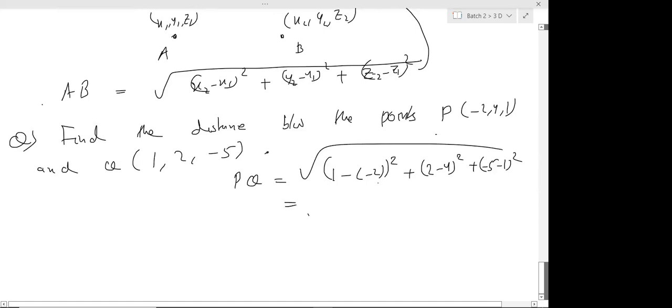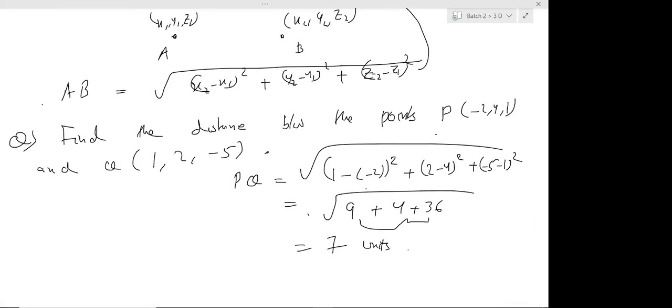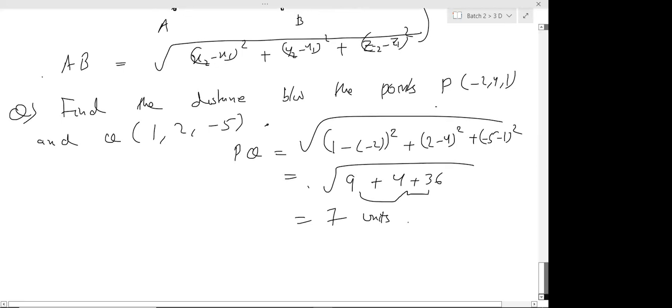So this is 3 square, that is 9, plus 2 square is 4, plus 6 square is 36. So 36 plus 4 is 40, plus 9 is 49, and the root of it is 7 units. All right, next question.